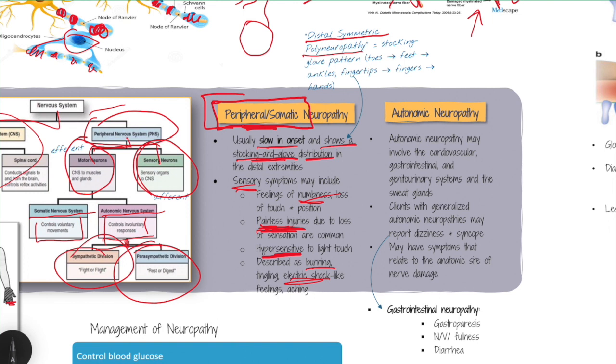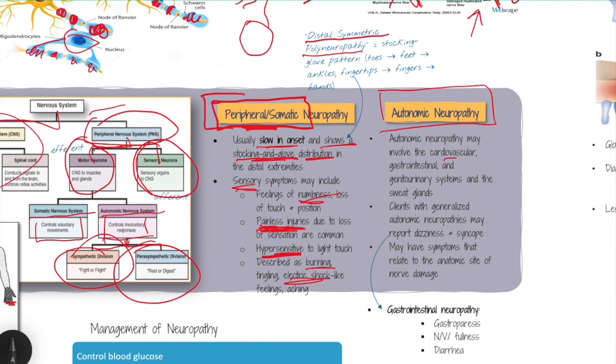And so when you see peripheral somatic, I just want you to think about sensing, touching, pain receptors and things like that, because the autonomic neuropathy is really dealing with, obviously, your involuntary bodily functions. So things like your heart pumping, your peristalsis in your GI system, and so that's where you get symptoms.